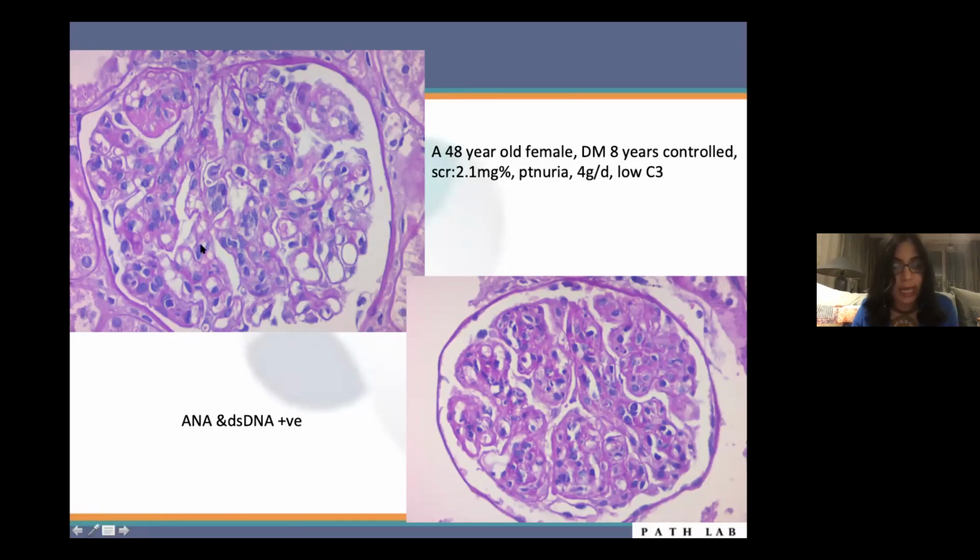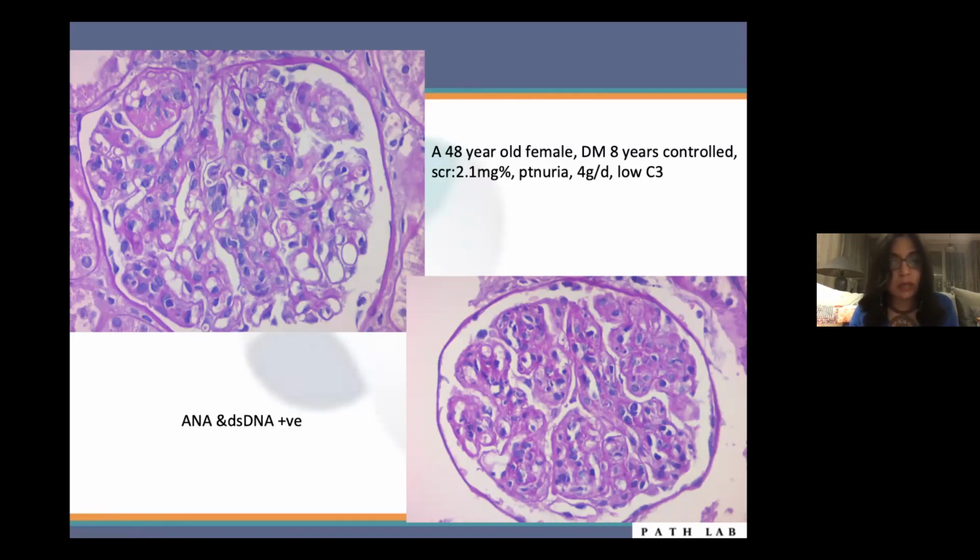impression was that she has an infection, and she had this segmental endocapillary proliferation, but she also had this segmental subendothelial deposits. And also here, she had endocapillary hypercellularity, some thickening of the glomerular basement membranes, and her immuno showed only IgG and C3. So I told the nephrologist that she seems like an infection-related GN, but please check for lupus.